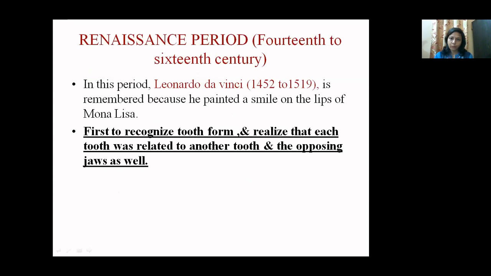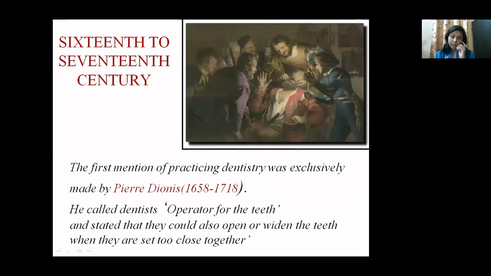Coming somewhat closer, from the 14th to 16th century, Leonardo da Vinci first recognized tooth form and realized that each tooth was related to the other teeth and the opposing jaws as well. Then in the 16th to 17th century, the periodontist called the dentist the operator for the teeth, and stated that dentists can open or widen the teeth when they are set too close together.